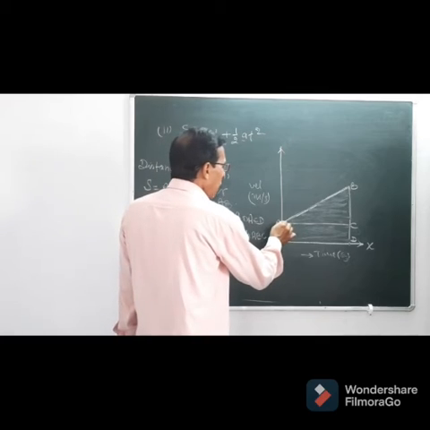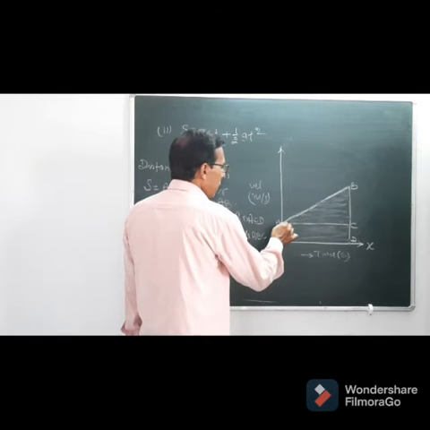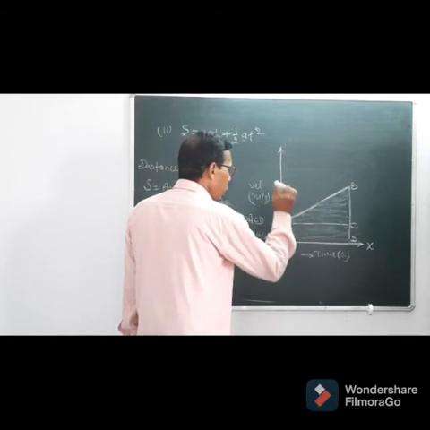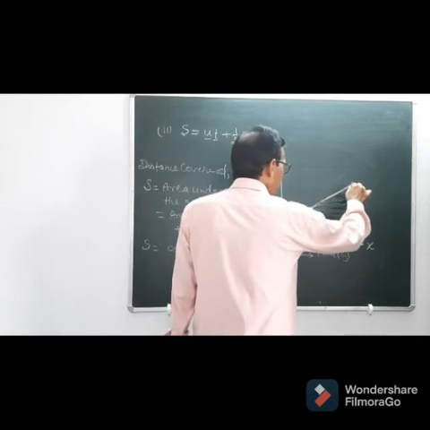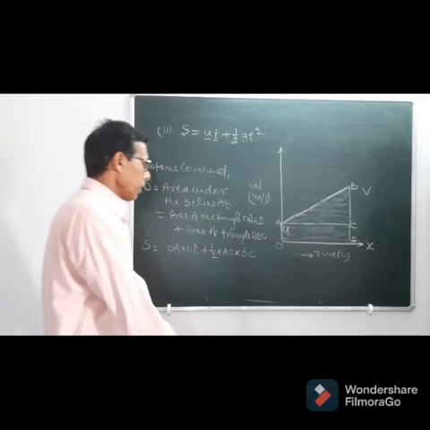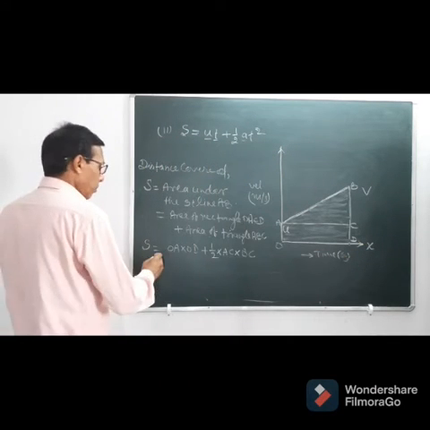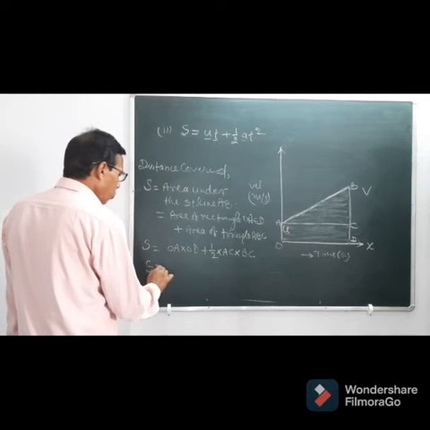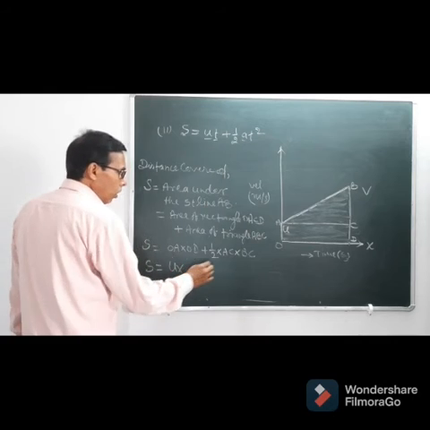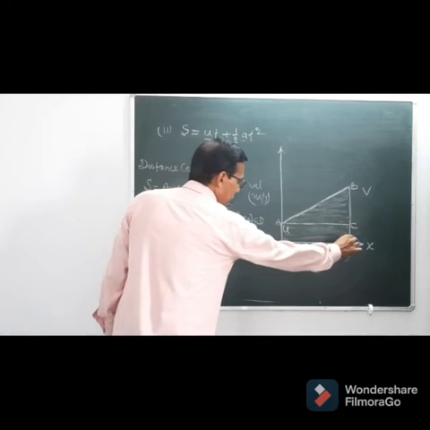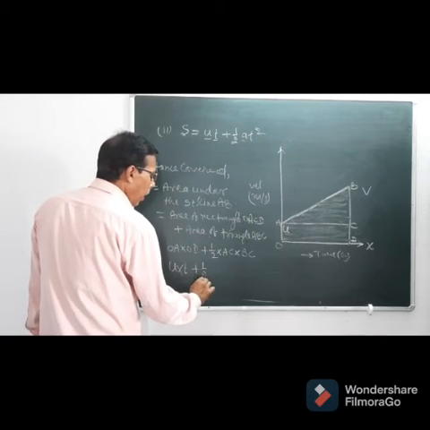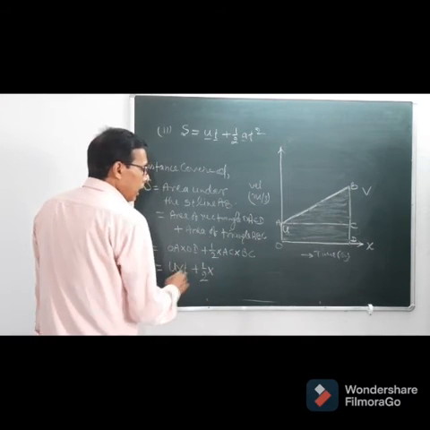Now the body starts from A. So OA represents the initial velocity U, and it stops at the point B. So BD represents the final velocity V. So S is equal to OA, that is U, into OD, which represents time T, plus half AC.